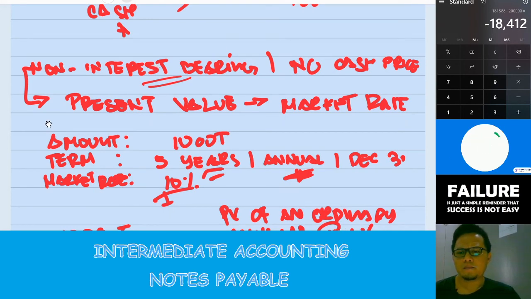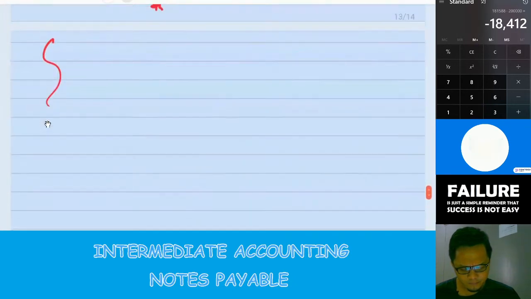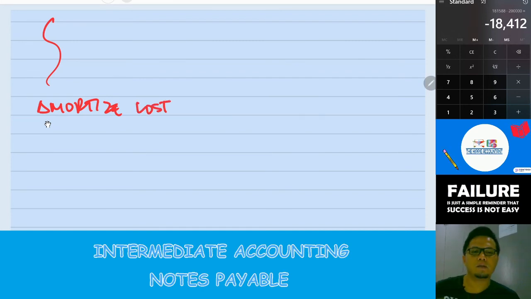So, basically, that is the concept for your notes payable, okay? If amortized cost, okay? If amortized cost now.